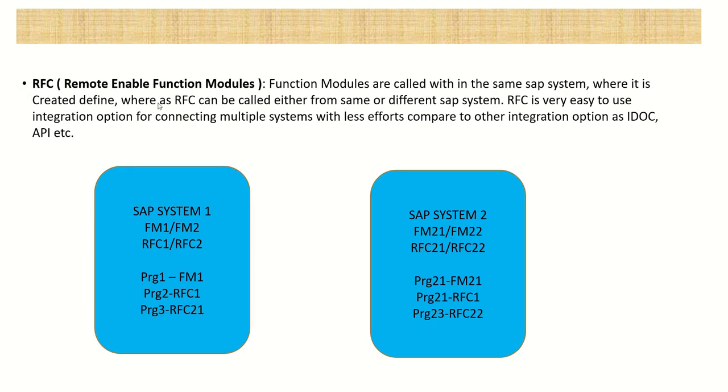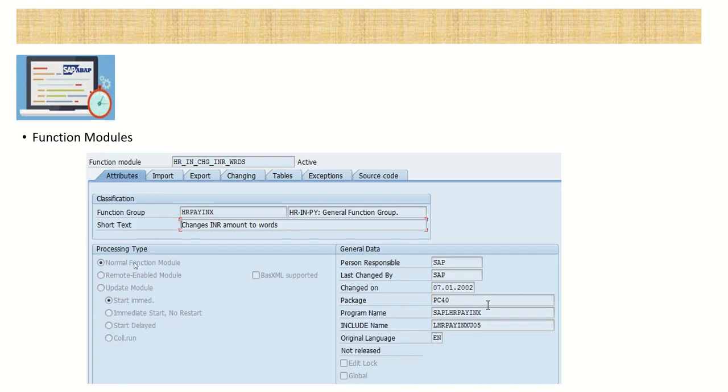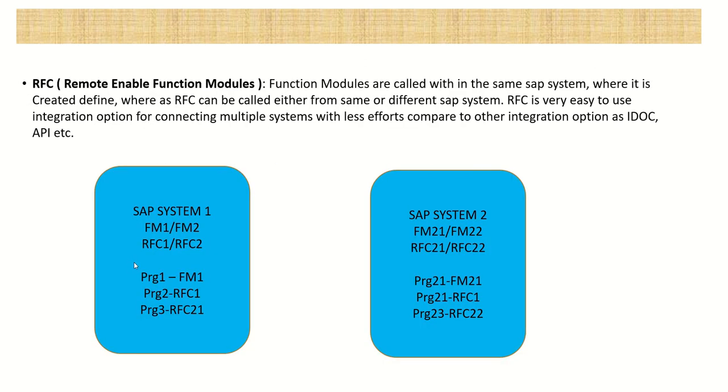See, RFC, like when we create a function module, the function module we can call in the same SAP system only. For example, we have two SAP systems, system 1 and SAP system 2. So when we create a function module with the first option here, that is normal function module, in that case, we can use that function module in this one system only.